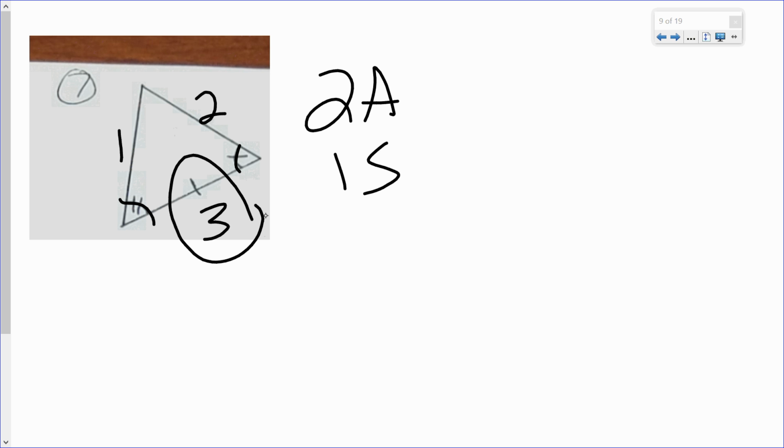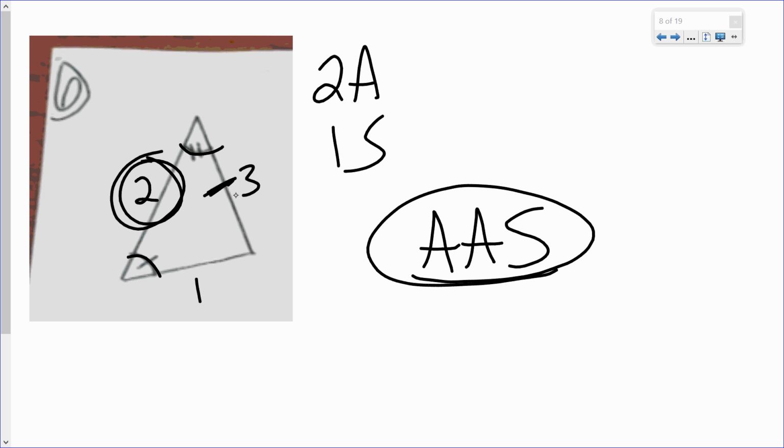Is that the side that's marked? Yes. So since the side is in between the 2 angles, the S is in between the 2 A's. So the difference between AAS and ASA, they both have 2 angles and 1 side. For ASA, the side that's marked is the one that's between the 2 angles. For AAS, the side that's marked is not in between the 2 angles.